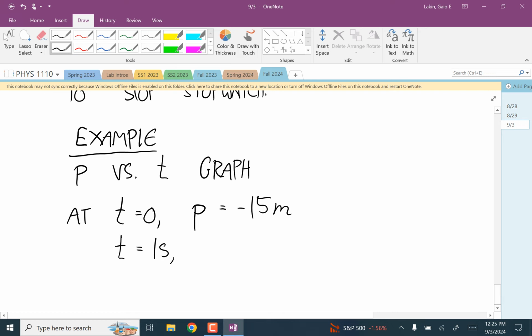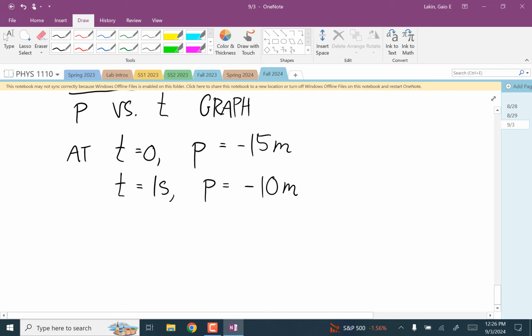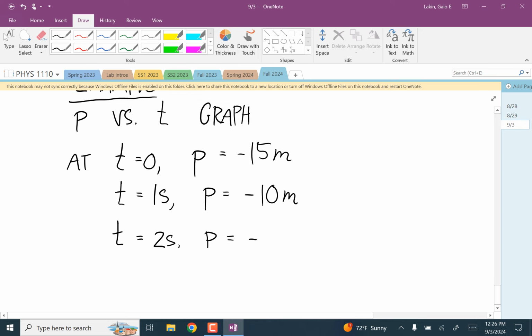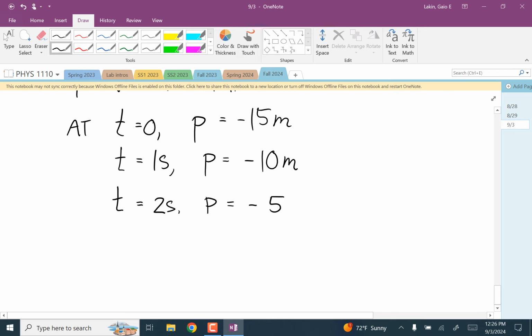At time equals 1 second, the position is negative 10 meters. At time equals 2 seconds, the position is negative 5 meters. And at time equals 3 seconds, the position is positive 1 meter.